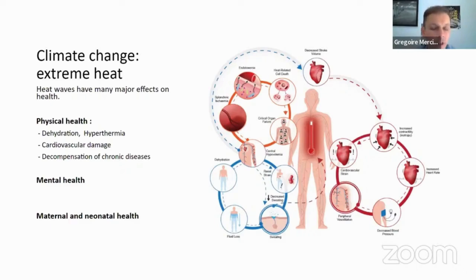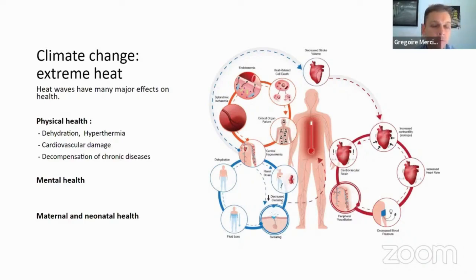And the key message here is that those effects are really major in terms of physical health, and what might come to your mind is dehydration and hypothermia, but you have to know that extreme heat and heat waves are major killers of patients with chronic diseases.